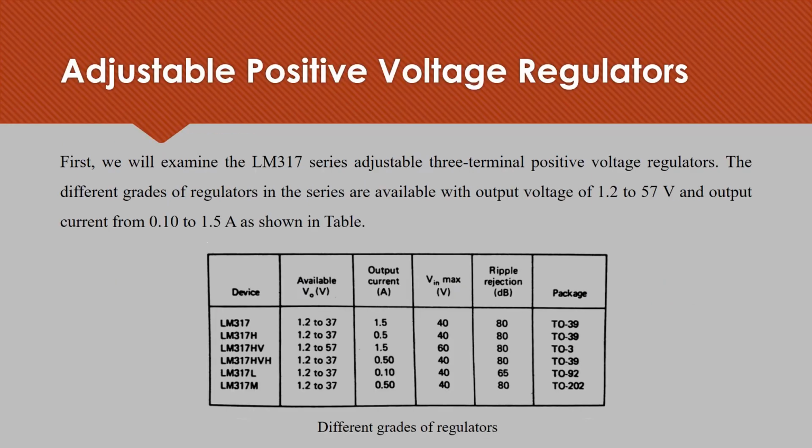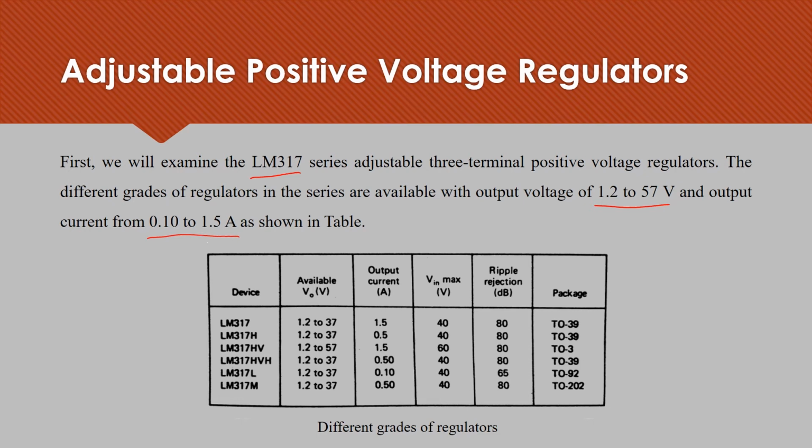Coming to adjustable positive voltage regulators, we will examine the LM317 series adjustable 3-terminal positive voltage regulators. Here the output voltage can be varied from 1.2 to 57 volt and current from 0.1 to 1.5 ampere.